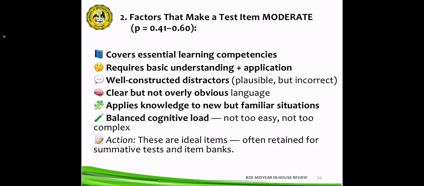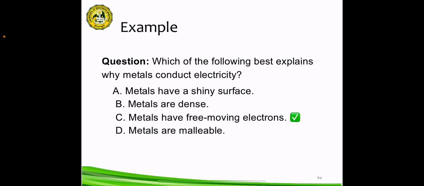The action: these are ideal items. So in making multiple choice or item analysis questions, the moderate are the ideal items. These are often retained for summative tests and item banks.